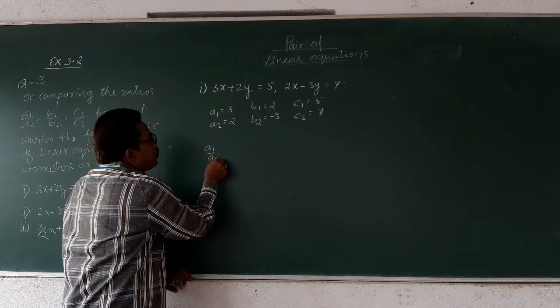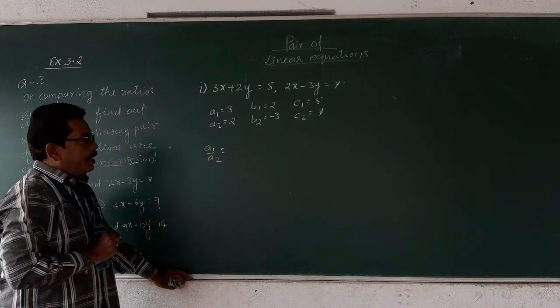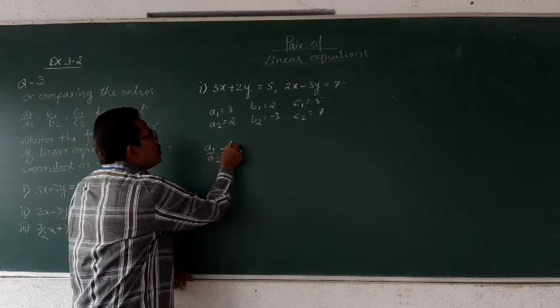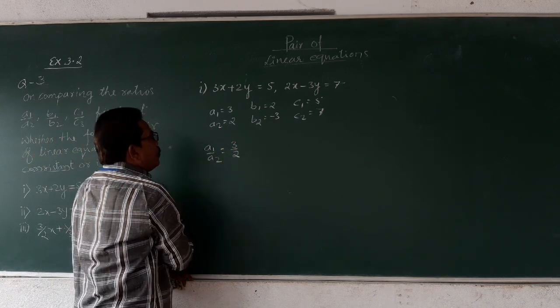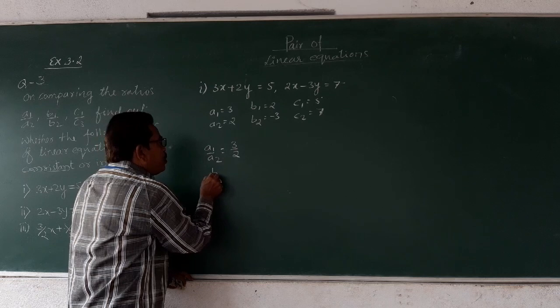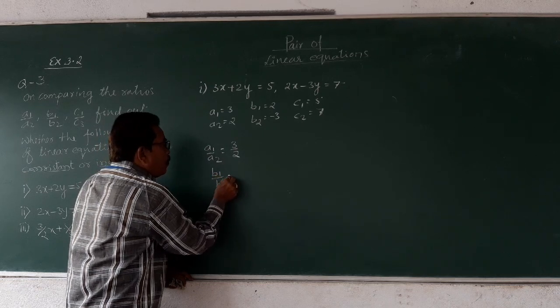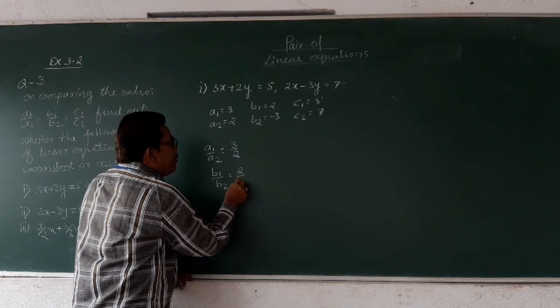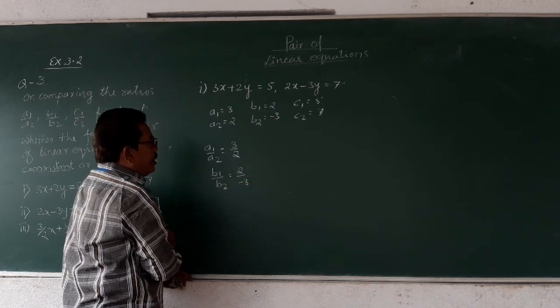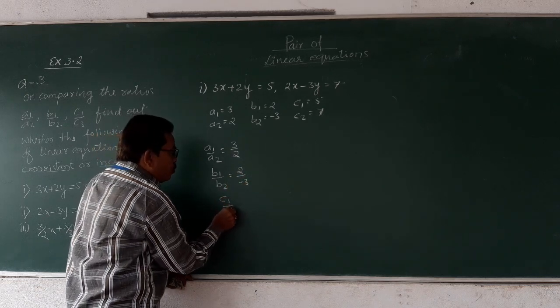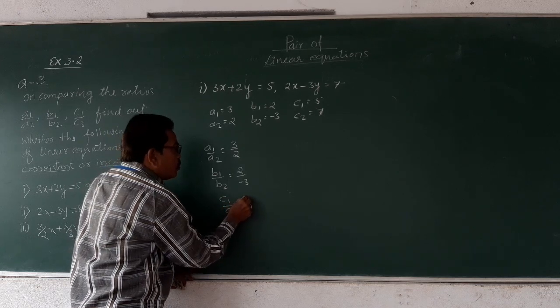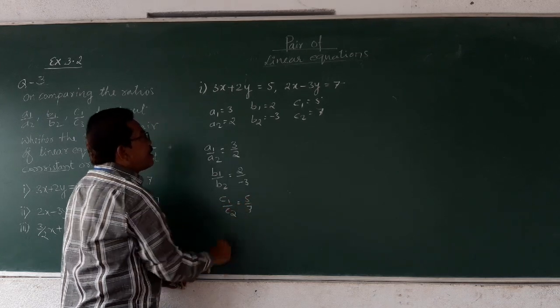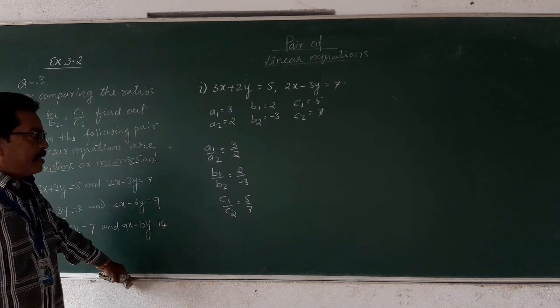a1 by a2 equals 3 by 2. Then b1 by b2 equals 2 by minus 3. Then c1 by c2 equals 5 by 7.